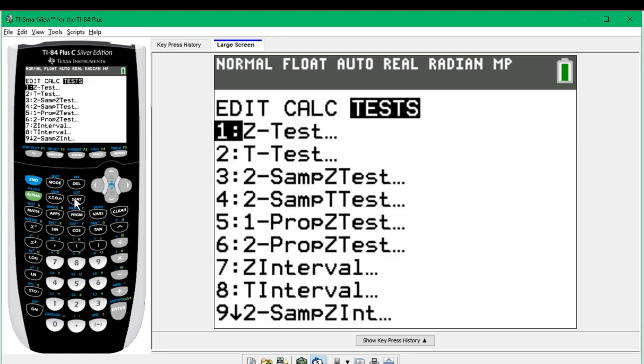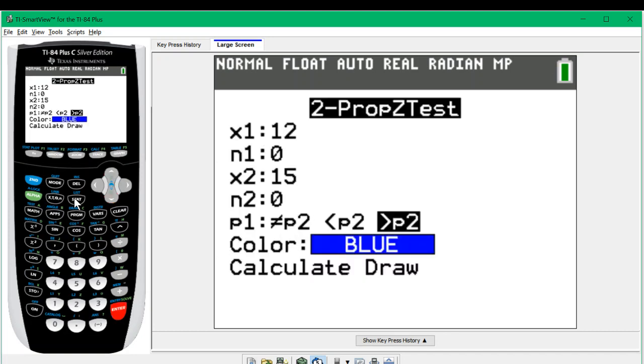STAT, TESTS, 2-PropZTest. Okay, this is going to be the same type of deal. We're going to have to round our numbers here to get the correct x1. Do we do females first or males first? We did females first, so we put females first.